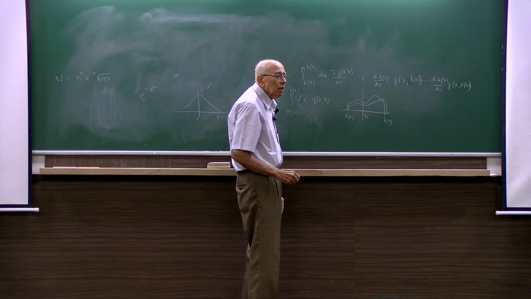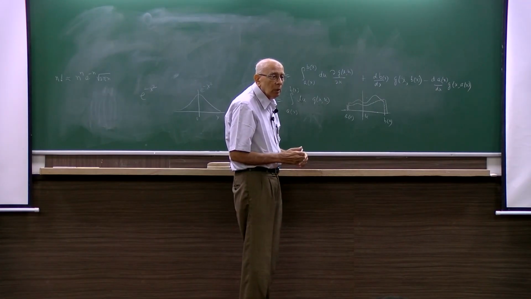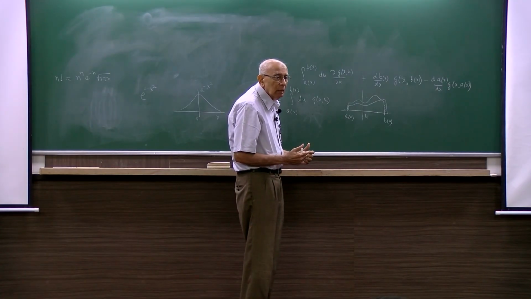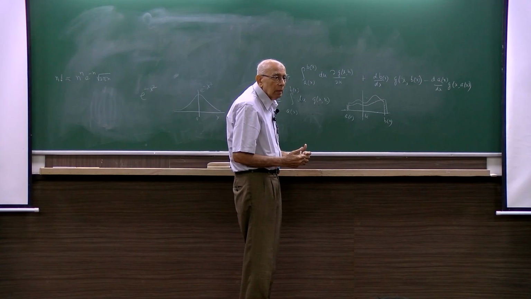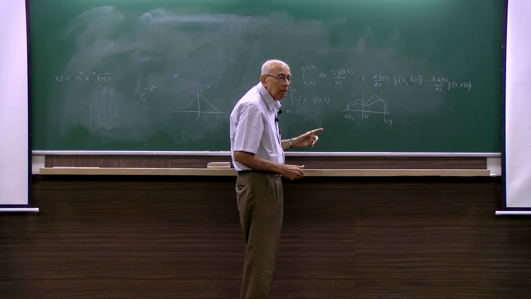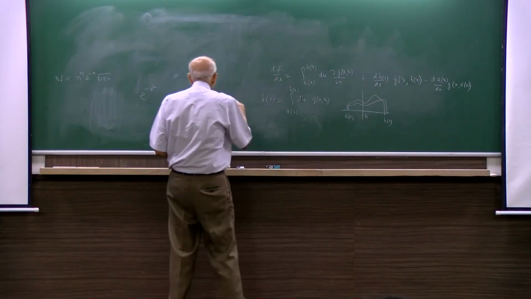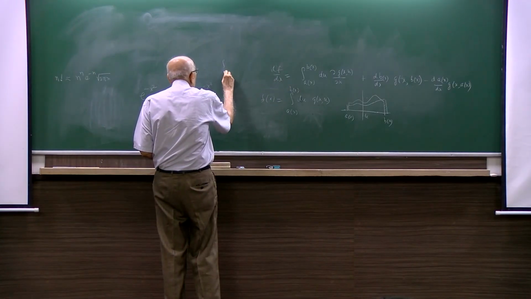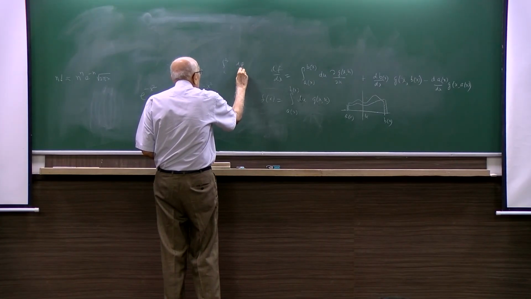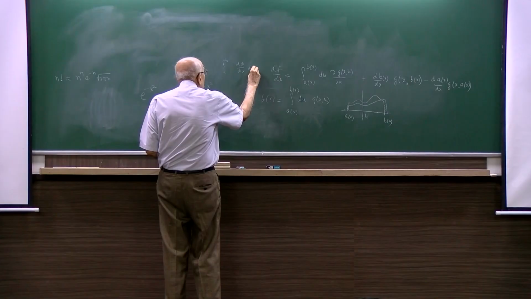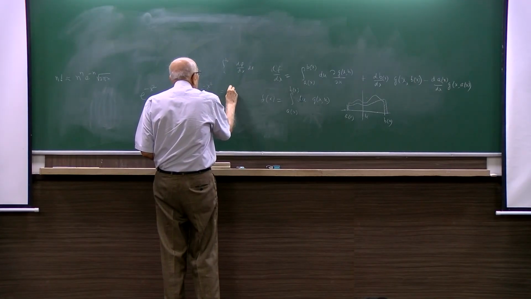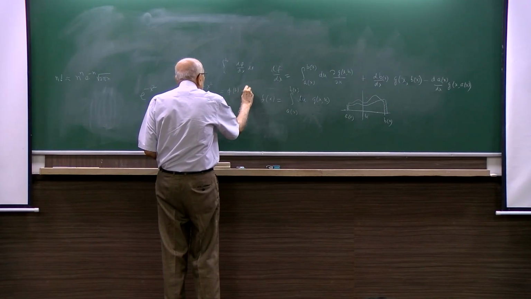That's the same as the theorem in vector calculus about Gauss's theorem about the flux. This minus sign is exactly the same thing as the fundamental theorem of calculus. So if you have, for instance, an integral from a to b of d phi over dx, this is equal to phi of b minus phi of a.